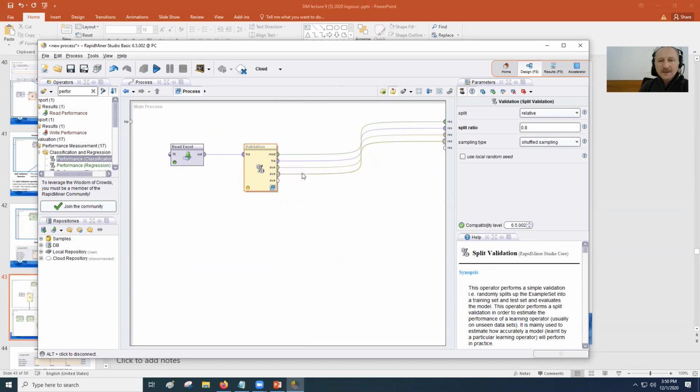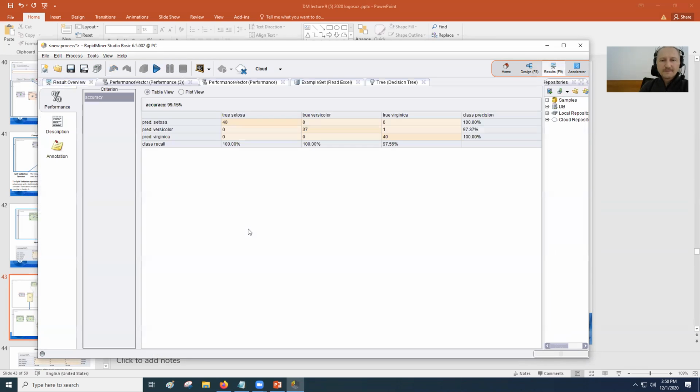From here I will get the training sample result. So the first performance is the test data result, 96%. The second one is the training data result. Look, training data accuracy is 99%, but the test data result is 96%.